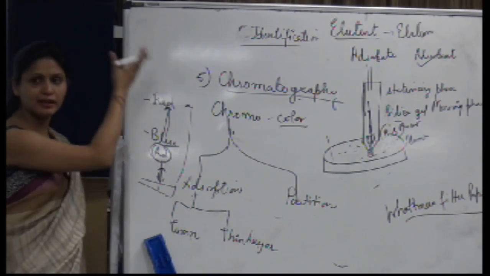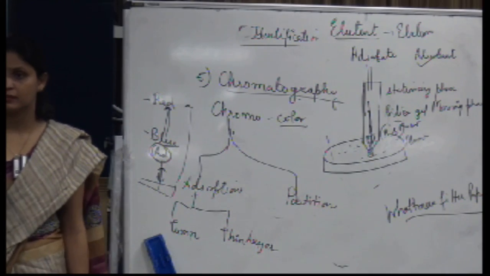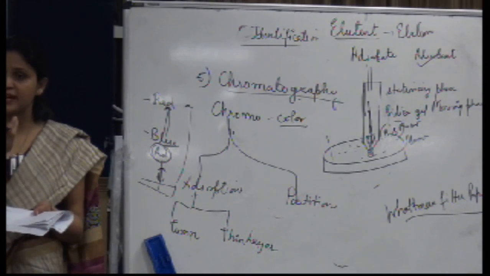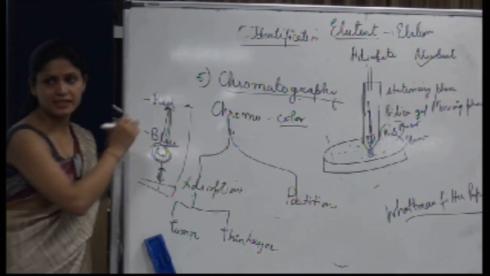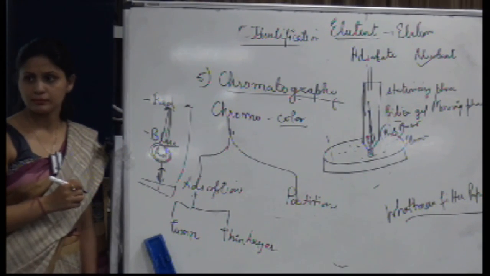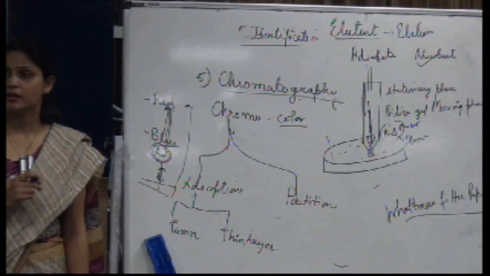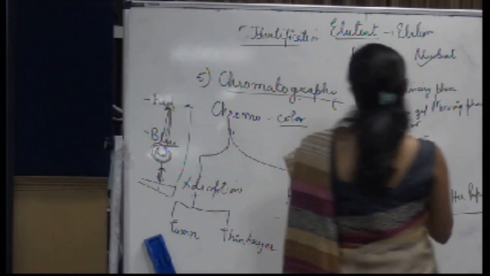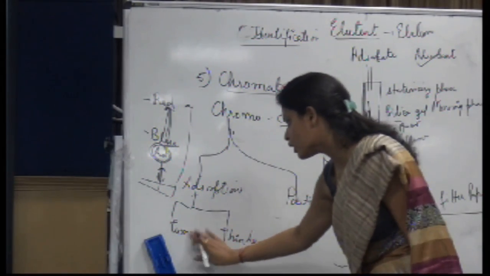It can travel. Eluent means to separate. So water is able to separate the ink from that spot to the upside. This is the concept of chromatography. So what happens in the adsorption chromatography, in the column chromatography?